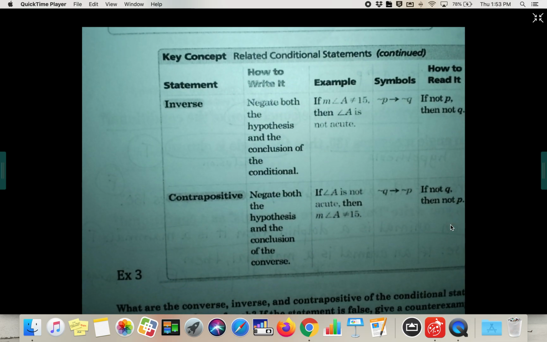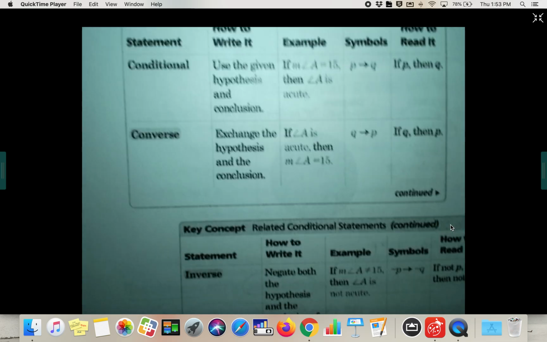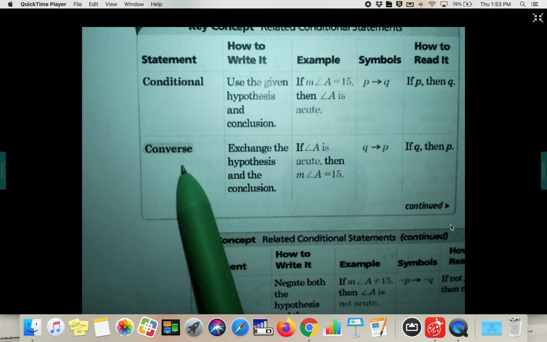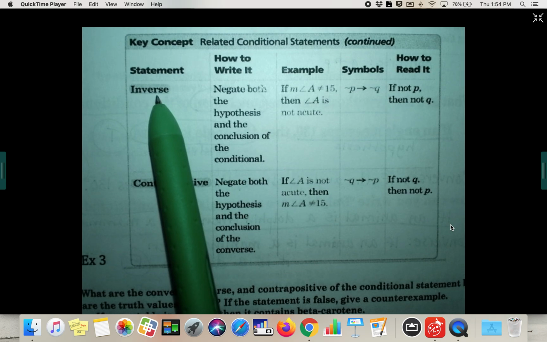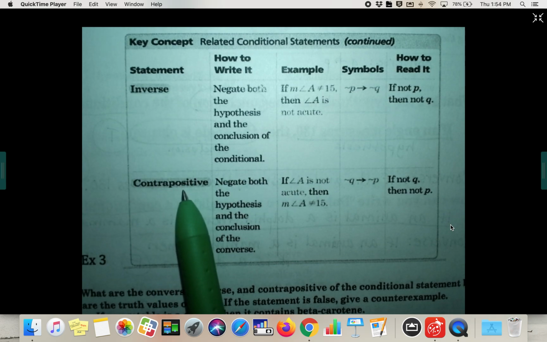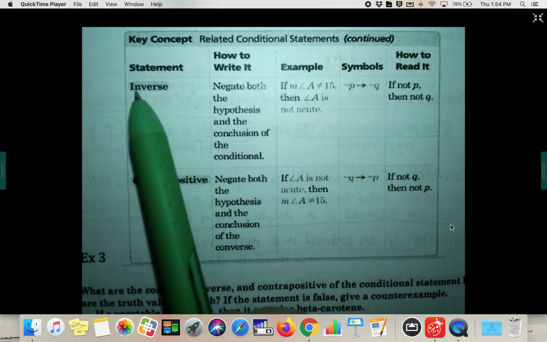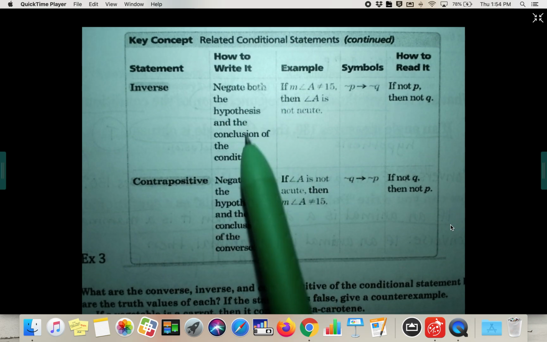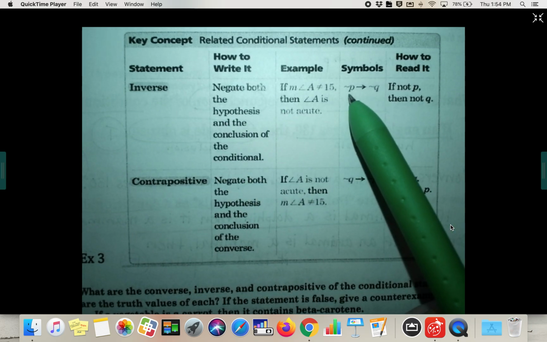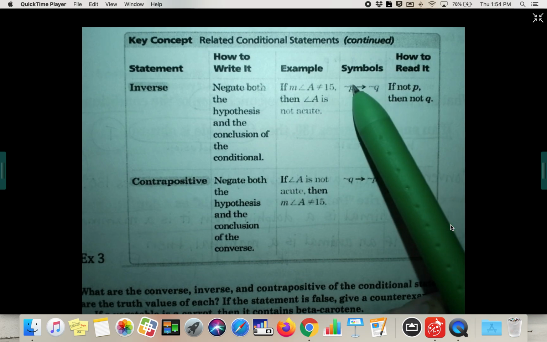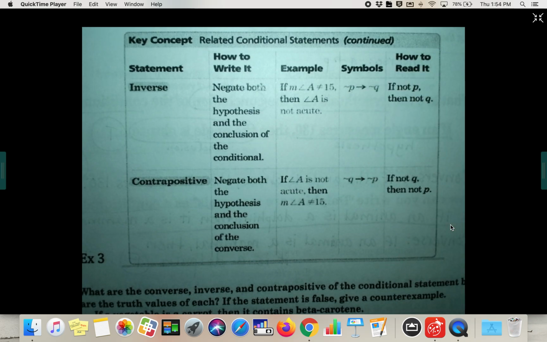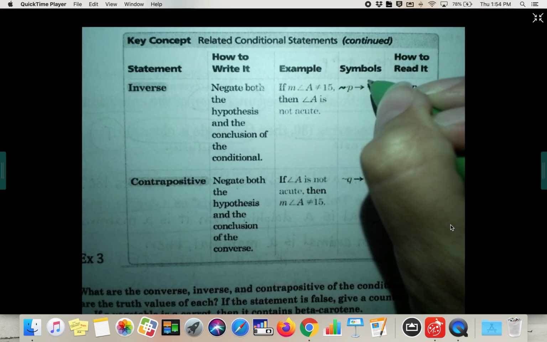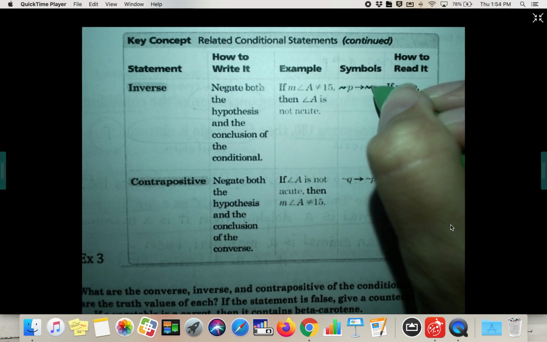Now we're going to add two more things. There's the conditional statement and the converse, and then we have what happens when you inverse them, and when you have a contrapositive. The inverse is when you negate both. It's still in the same order of if P then Q, but this little symbol, a tilde, in front of it represents the word not.